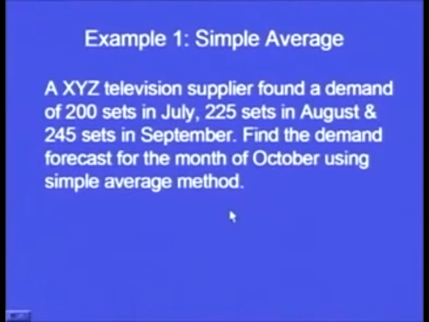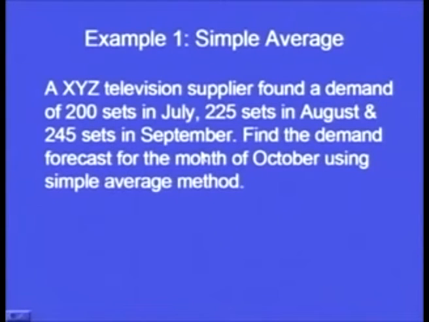Now let us take an example of a simple average problem, then we will try to see the difference between a simple average and a moving average problem. Let us go through the problem first. An XYZ television supplier found a demand of 200 sets in July. So the first observation is 200 sets in July. Second observation is 225 sets in August, and the third observation is 245 sets in September.